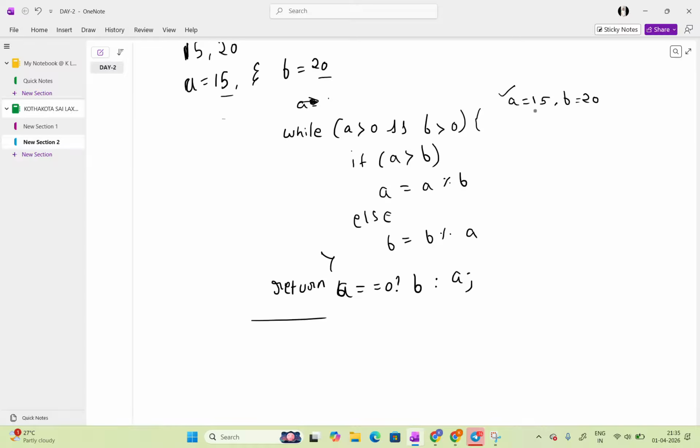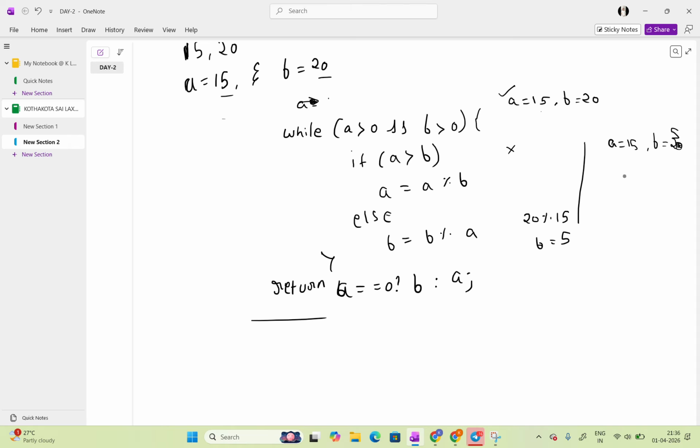Here the if condition was not satisfied, so it will go to the else, B. So what will happen? 20 modulo 15, what are we going to get? B equals 5. Okay. So what will happen in the next iteration? A is 15 and B is... sorry, not 20, B equals 5.